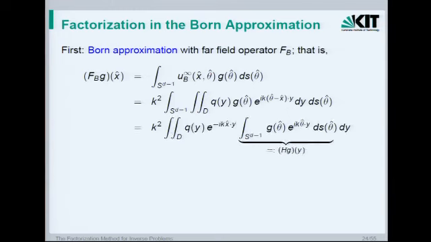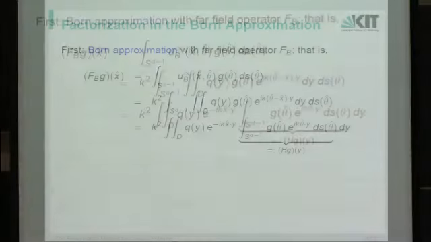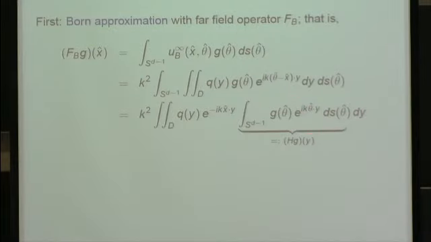Now we just interchange this integration and that integration, so then you get here your g, times e to the ik theta hat times y, and you integrate that. Just changing the order of integration. This, by the way, is exactly this one there. We call that an operator Hg of y.